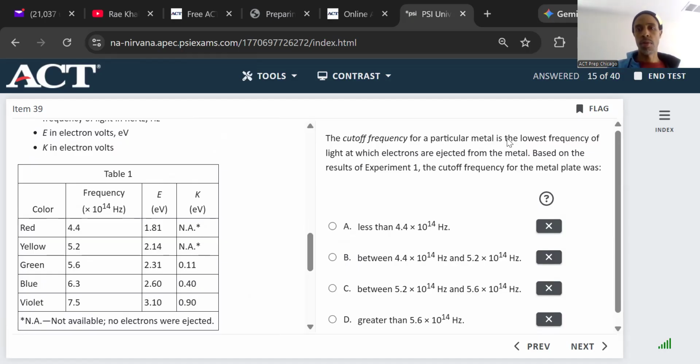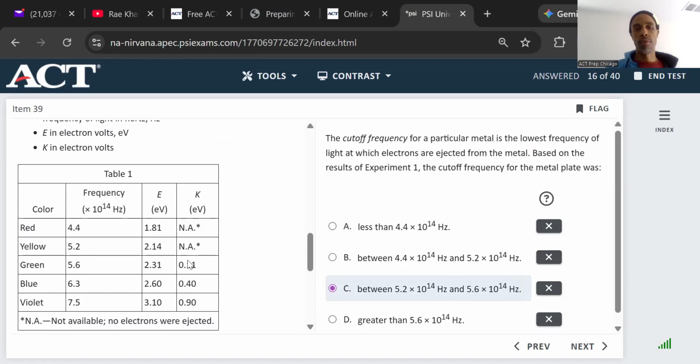So the cutoff frequency is the lowest frequency of light at which electrons are ejected from the metal. So that's the K. So NA, and then 5.6 is the first reading we have, but it's a little bit over 0. So it may be like 0.01. It could be something smaller than that. So it would be between 5.2 and 5.6. Somewhere would be the lowest frequency.